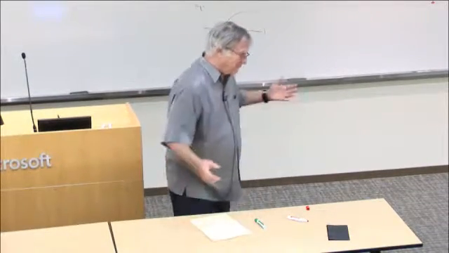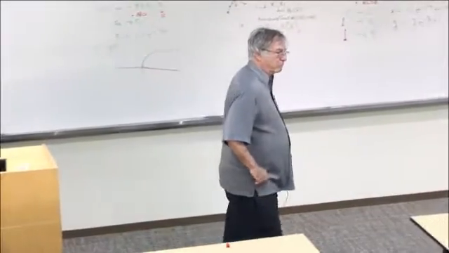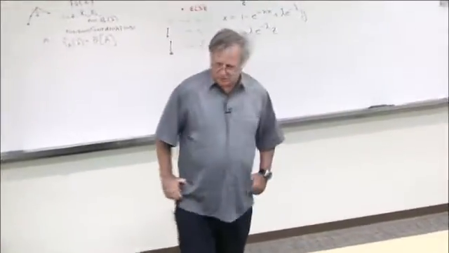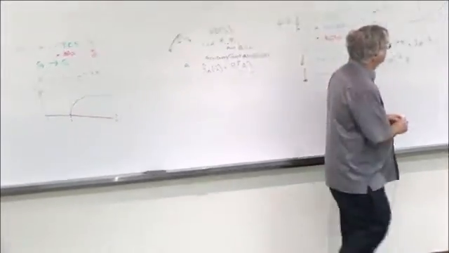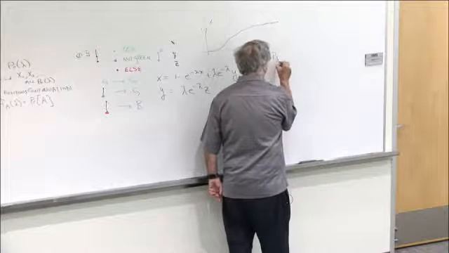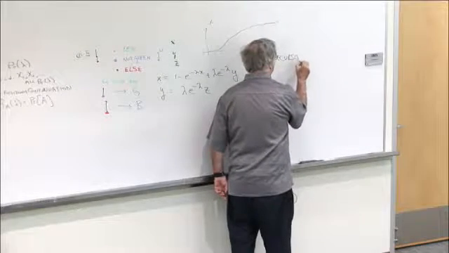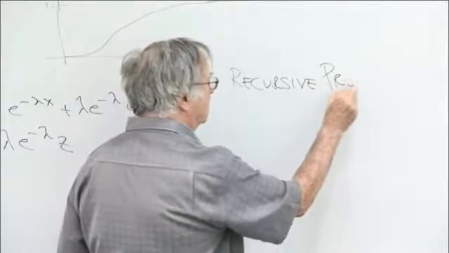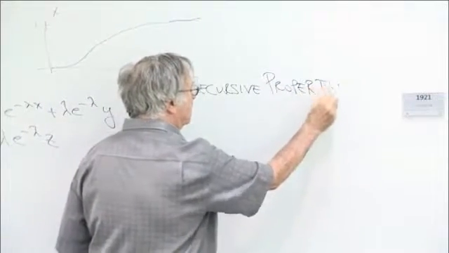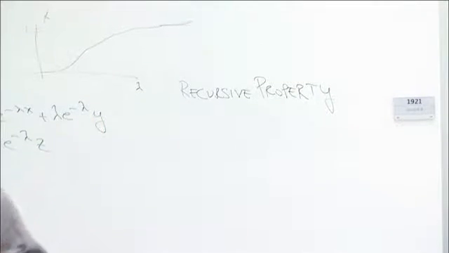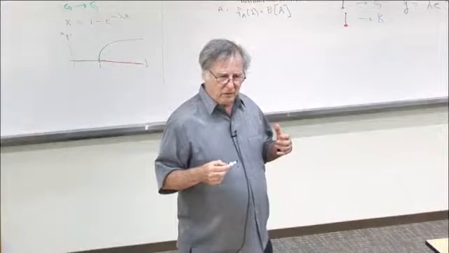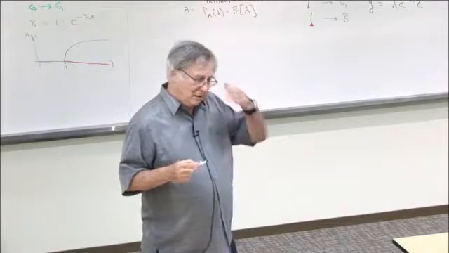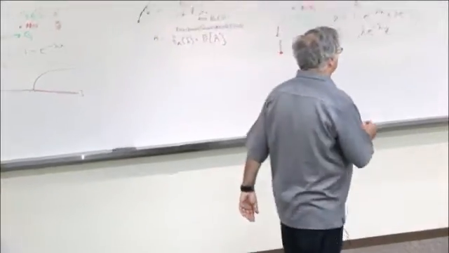So I want to restrict the kind of properties that I'll look at. Our objects are rooted trees, and I want to restrict myself in this talk to properties that I'll call recursive. There are two aspects to it.